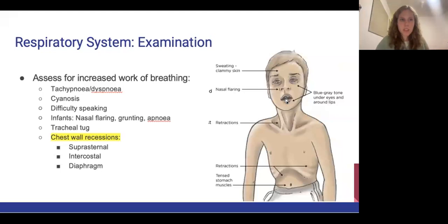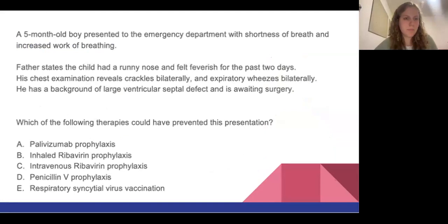It's really important to look for chest retraction, so the intercostal, suprasternal, and diaphragmatic muscles, a tracheal tug. Also look for cyanosis. If they're becoming cyanotic, that's quite a bad sign as well.